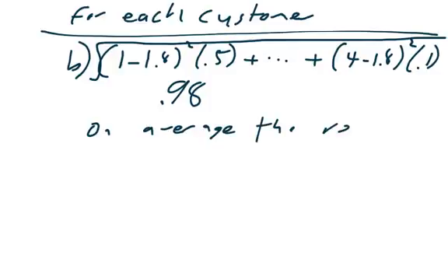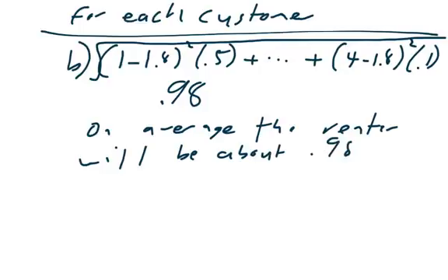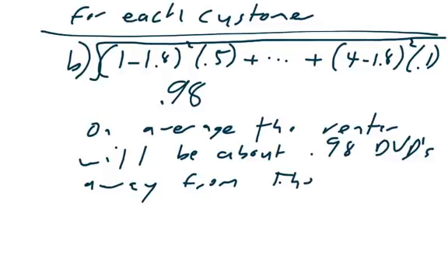The renter will be about 0.98 DVDs away from the average of 1.8.